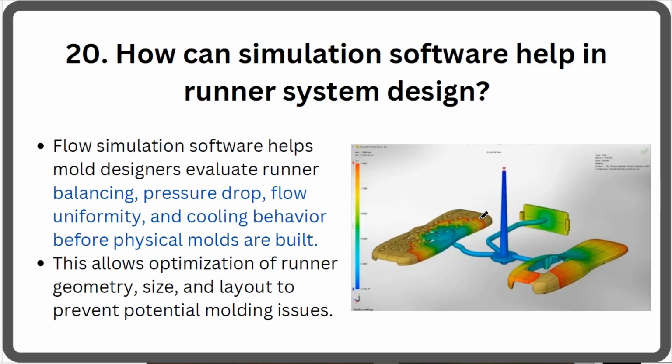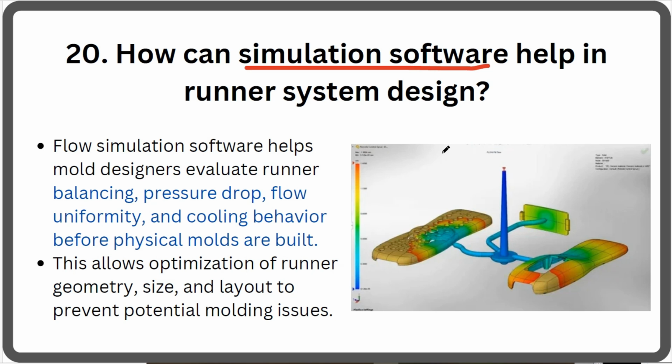How can simulation software help in the runner system design? Simulation software is very important to check the flow, how the cavities are filling, and how the temperatures are at each stage. We can track the material at different stages.